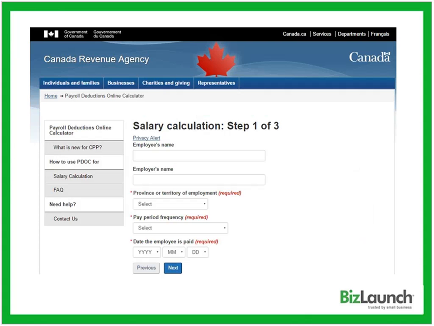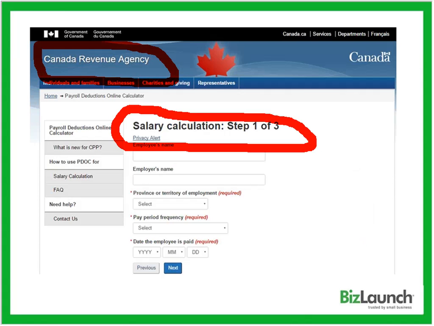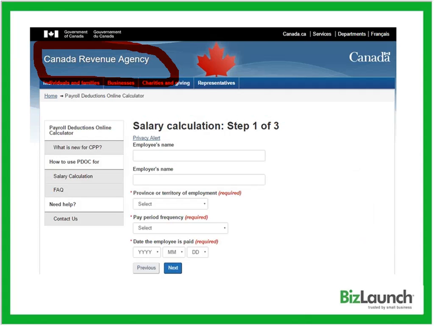All right, so earlier on I was speaking about payroll. I was saying to you that you can go online, and there's a payroll calculator. So here it is. You just Google Canada Revenue Agency payroll calculator, and it'll tell you how to do it. Actually, you can create pay slips directly from this. So you put in the employee's name.